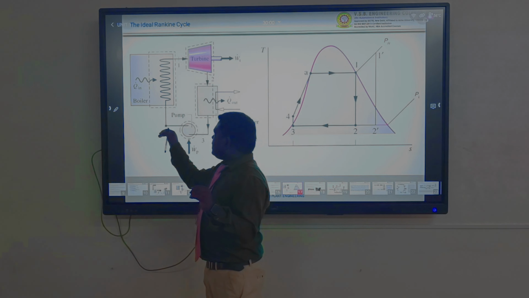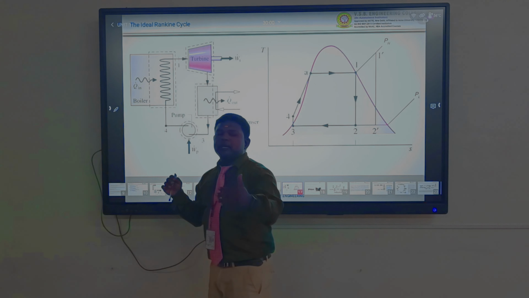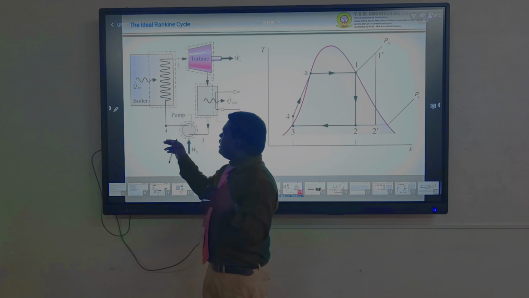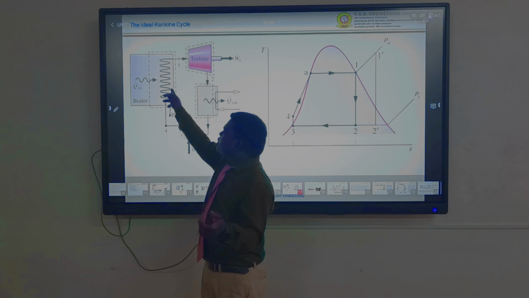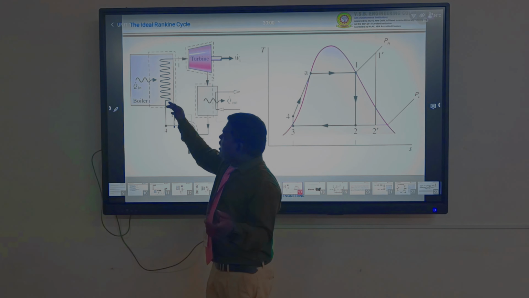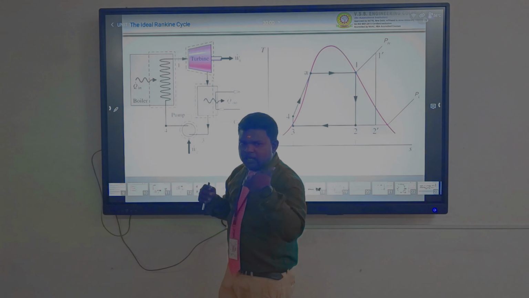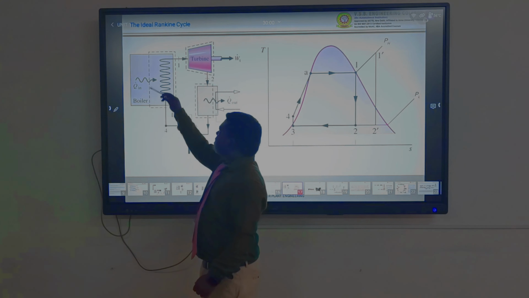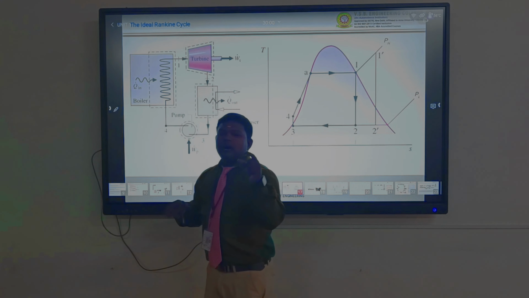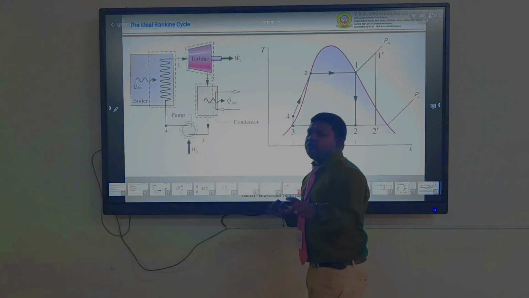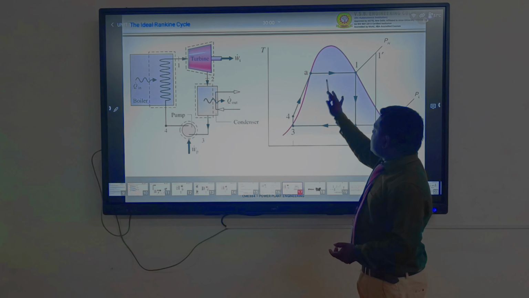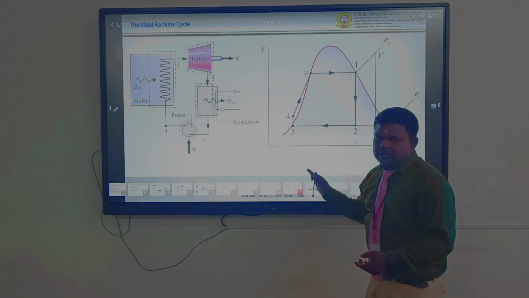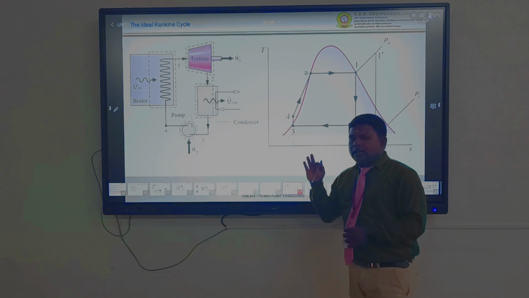This high pressure, low temperature liquid is sent to the boiler as inlet. In the boiler, we add heat continuously, converting liquid into steam. The exit of the boiler is high pressure, high temperature steam, which goes to the turbine. It is one complete cycle.